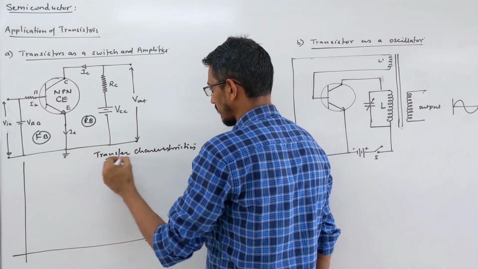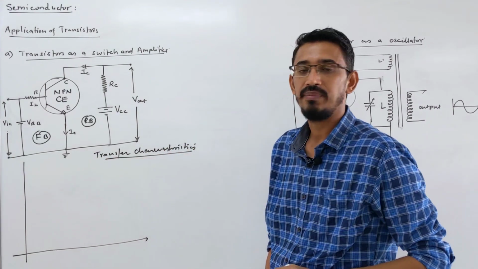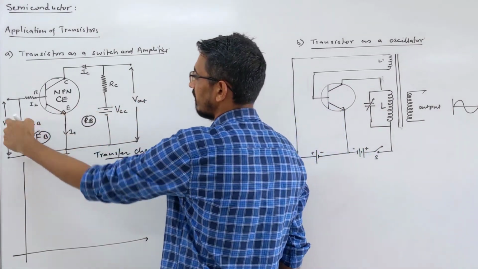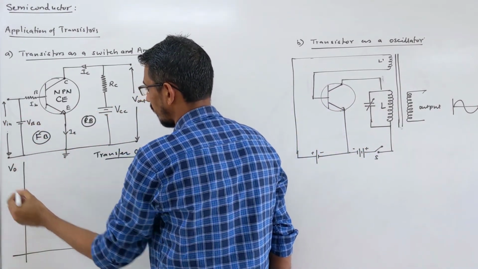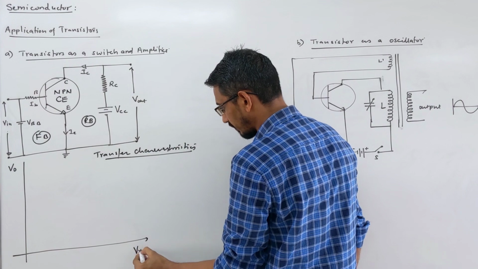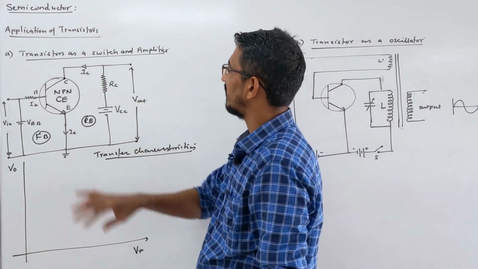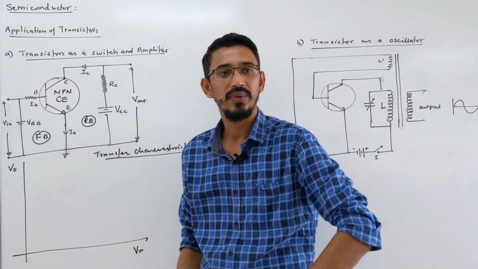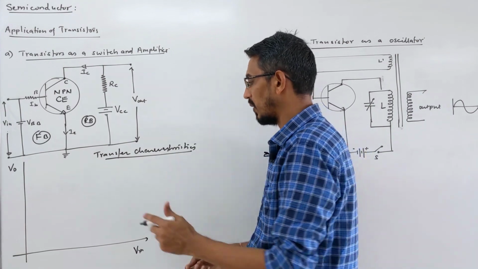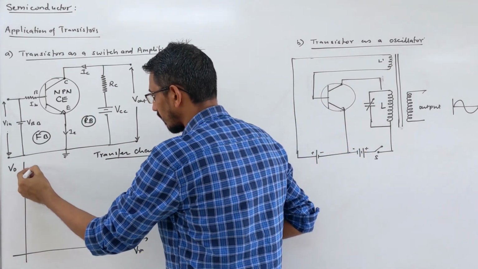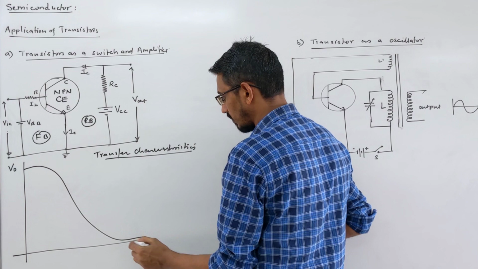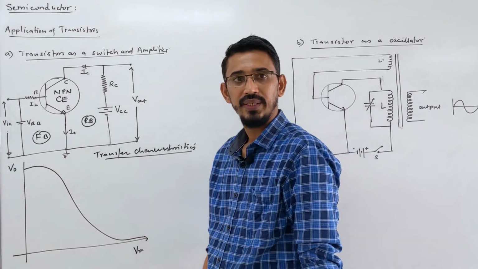Actually this is a graph between output voltage versus input voltage, V naught versus V in. If you draw a graph for this transistor in common emitter mode, it will look like this. This is the graph.